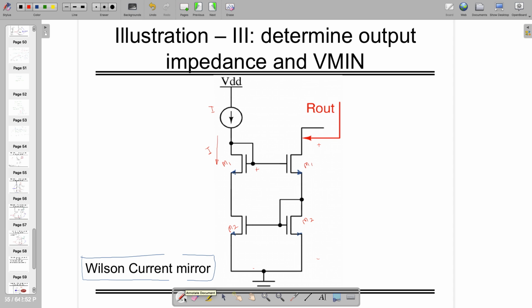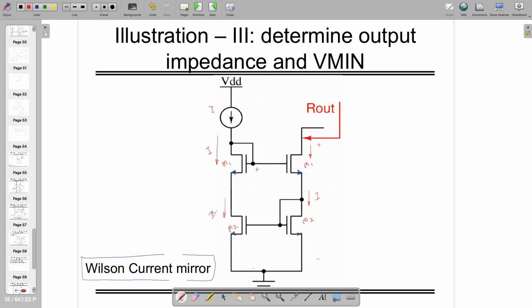let's understand that the current flowing through both of the transistors is I, and this is also I. So the current flowing through both the branches is I from both sides. Once this is achieving I, looking into this side it's actually 1 by GM, and this side it's RO.